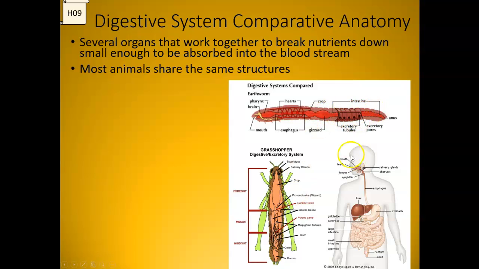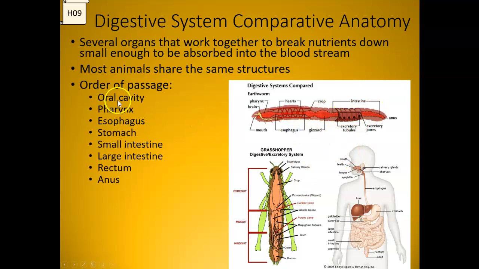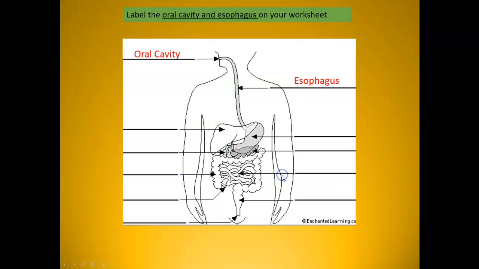And then we have intestinal regions, right? And so we see the same basic pattern: oral cavity, pharynx, esophagus, stomach, small intestine, large intestine, rectum, and anus. In people, pretty similar to what we find in worms or grasshoppers, or any animal for that matter, for the most part.